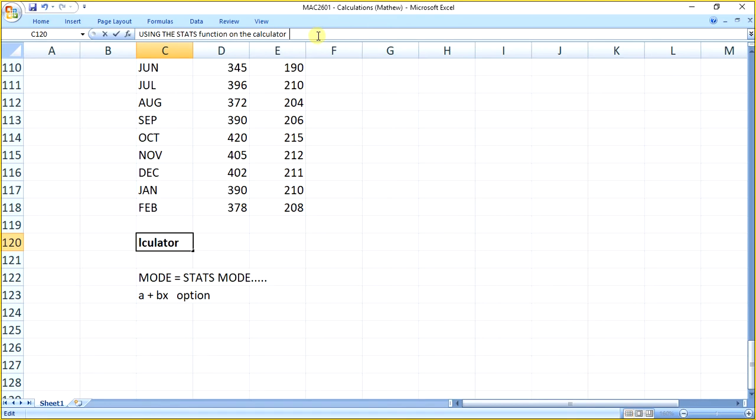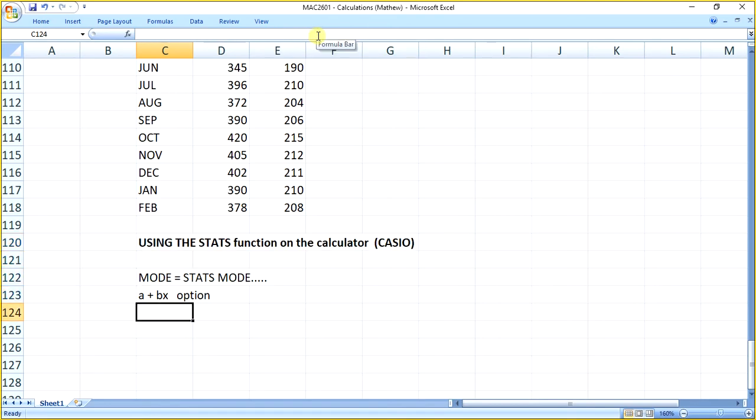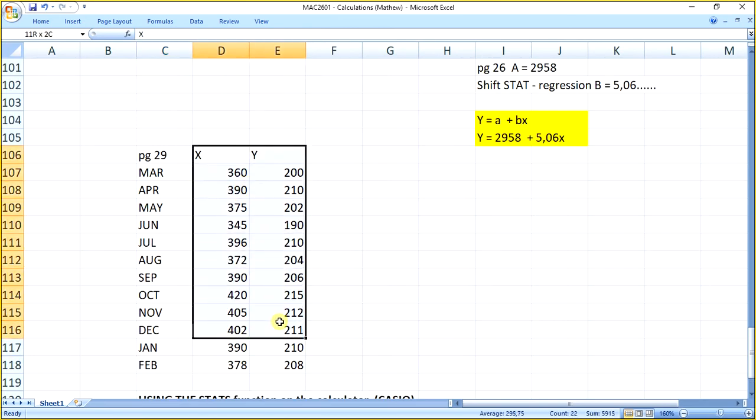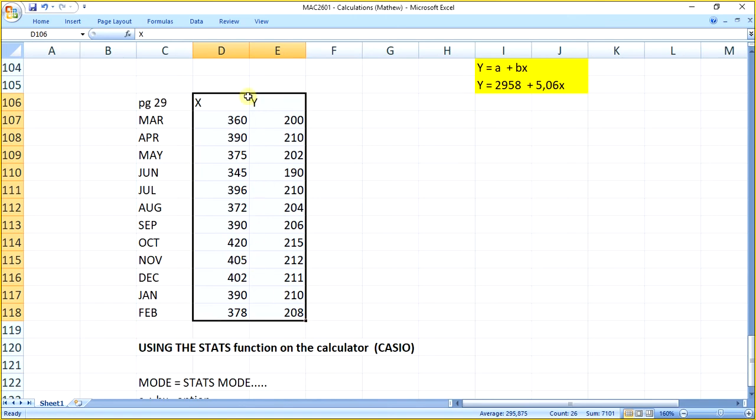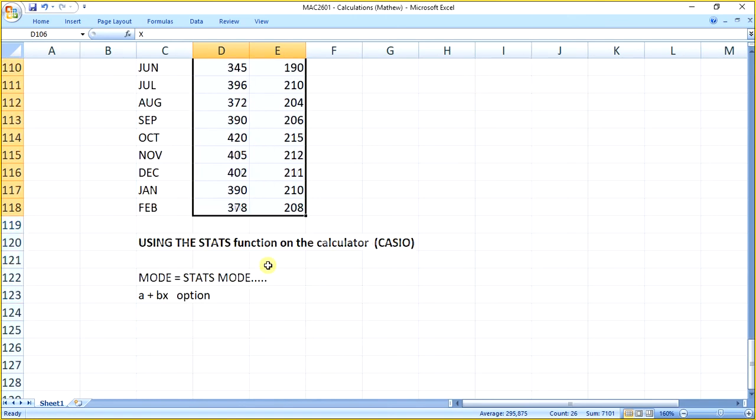Oh, okay. You pressed the AC. Okay, hold on. What did you do? Did you type in all these values? Yes, I typed in all the values. Okay, and the last one you press equals. Then you can scroll up and down and look at them, right? That's correct.